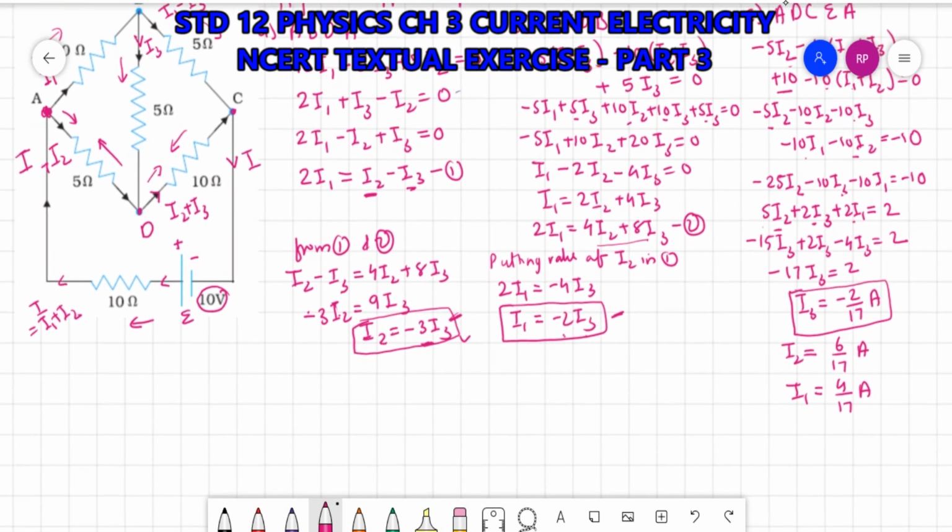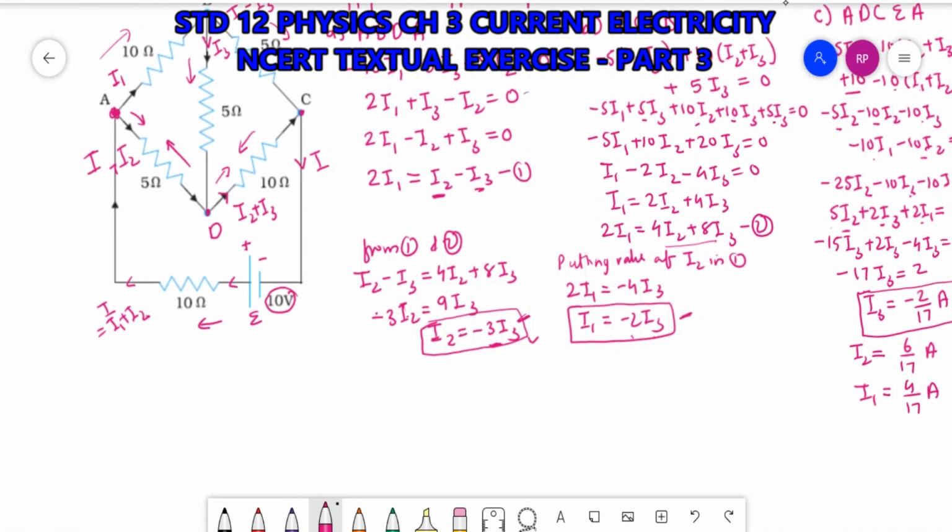Okay, so let me write it down here. The value of I1 is 4 upon 17 ampere, I2 is 6 by 17 ampere, and I3 is minus 2 by 17 ampere. The negative sign is just because the direction is opposite.